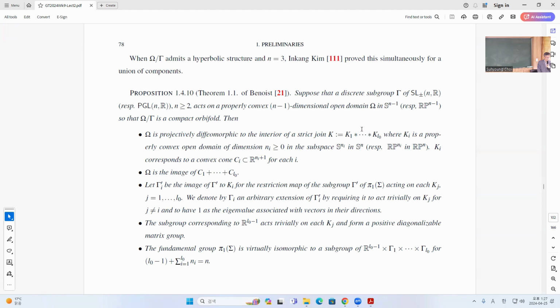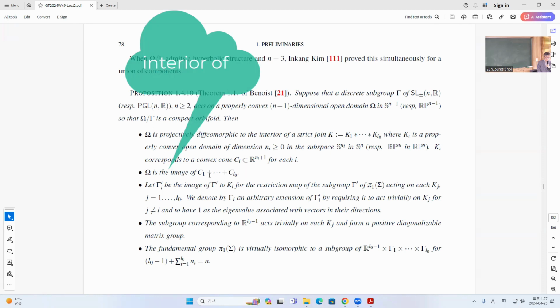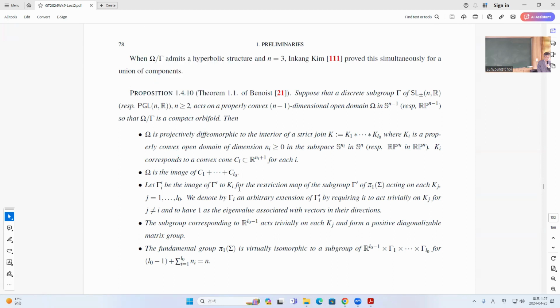And Omega is the image of this open direct sum of domains, maybe the interior of that. And Gamma_i prime is acting on each K_j, and then Gamma_i is an arbitrary extension, requiring it to act trivially, so with eigenvalue 1 associated with this direction.